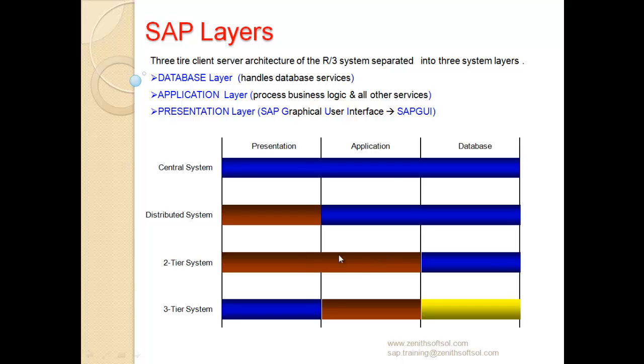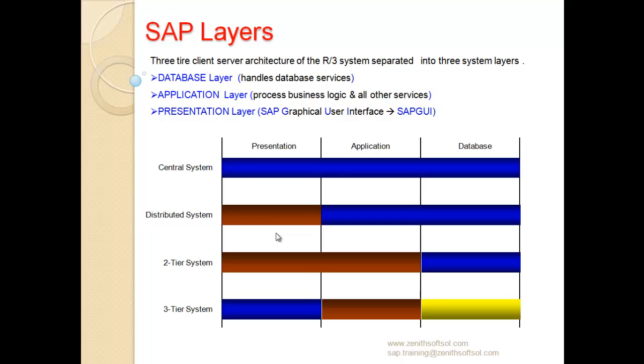Here, if you see a layout of the central system, distributed system, two-tier and three-tier system, what is the difference between them? For example, if you're installing presentation, application and database on a single system, then we call it a central system.